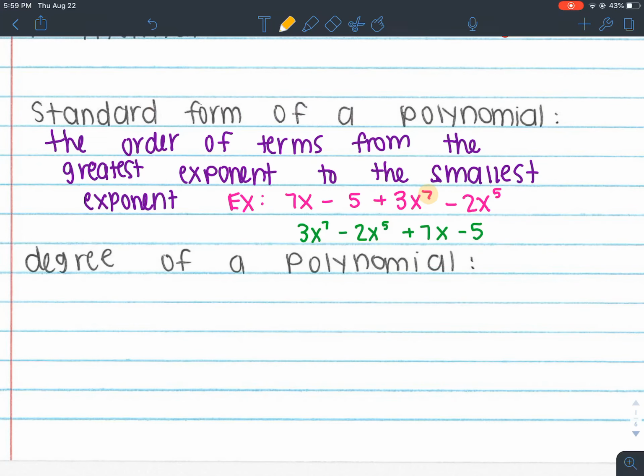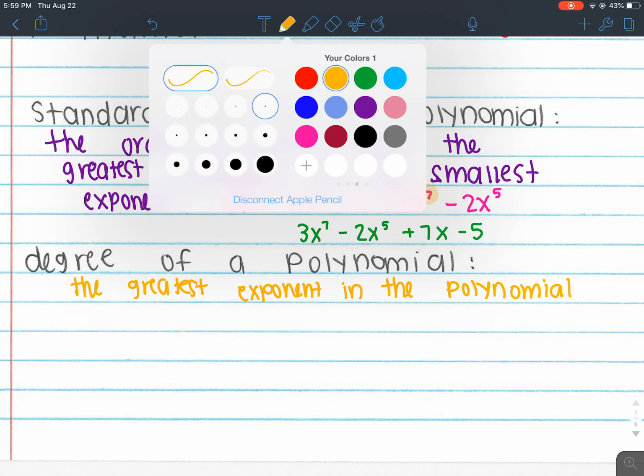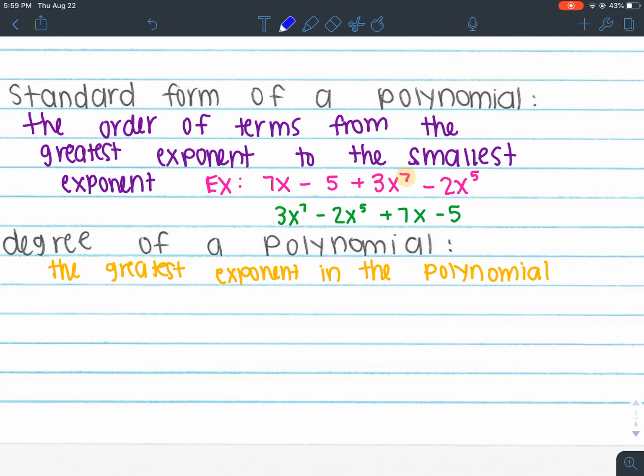The degree of the polynomial is the greatest exponent in the polynomial. So, using the last one as an example, if we have 3x to the 7th minus 2x to the 5th plus 7x minus 5, right, this is in standard form.